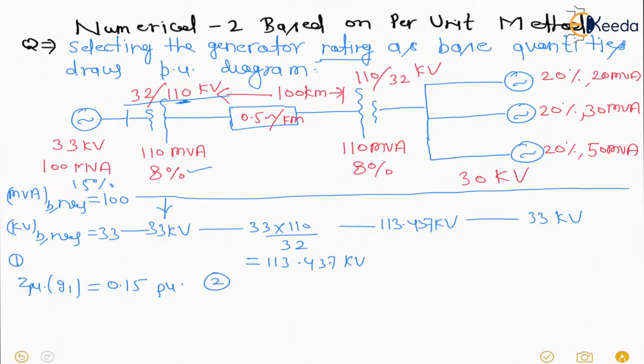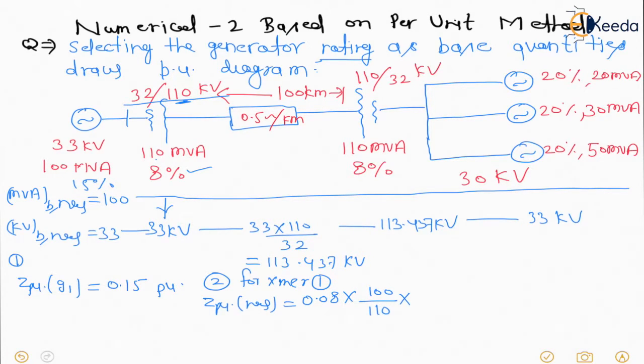And second, for transformer number 1, ZPU new will be equal to ZPU old into MVAB new upon MVAB old into KVB old square upon KVB new square. So we put the values: 0.08 into MVAB new is 100 upon MVAB old is 110, into KVB old 32 upon KVB new 33, squared.